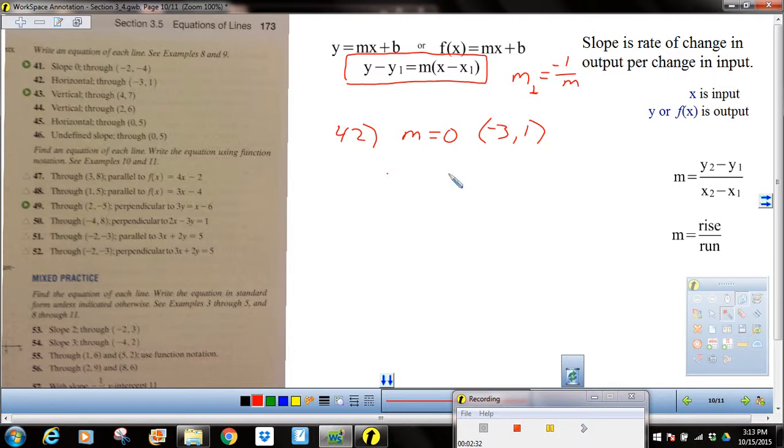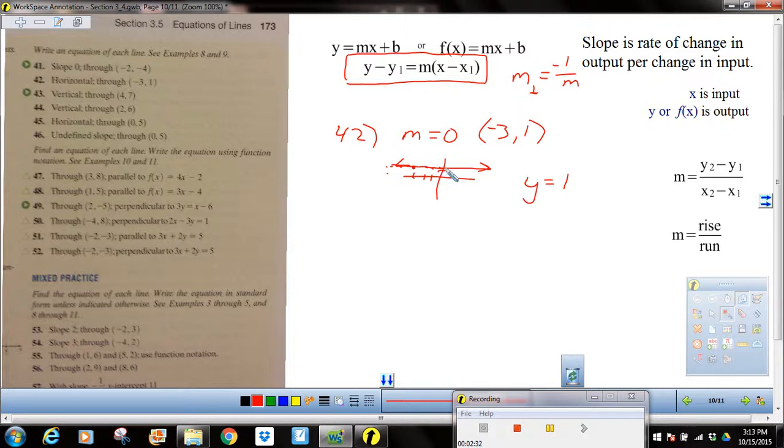If this is horizontal, and it goes through negative 3, 1, we could just say the equation is y equals 1. And you can see that right here in the point, that y is 1.